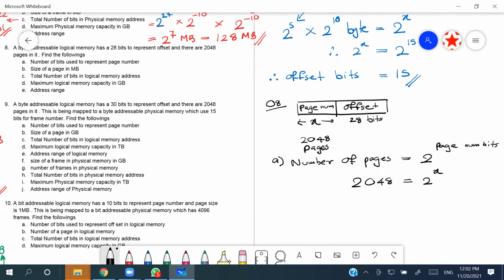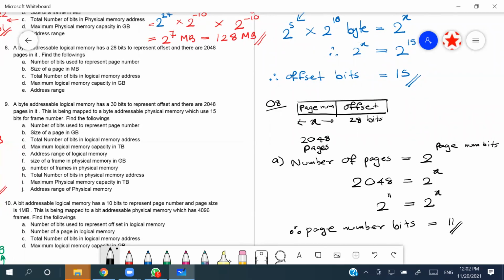That is equal to 2 to the power x, because we have given the page number bits as x. 2048 means 2 to the power 11. So it is equal to 2 to the power x. Therefore, page number bits are equal to 11. First answer for part A.